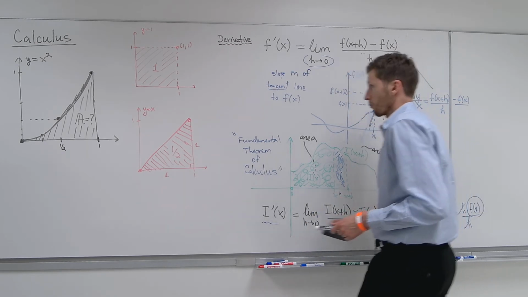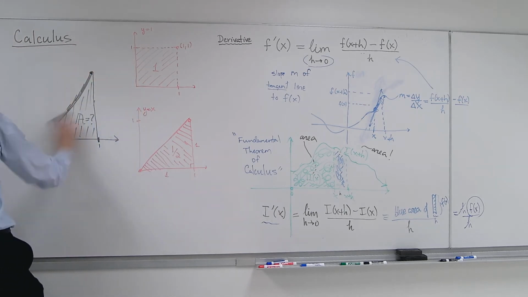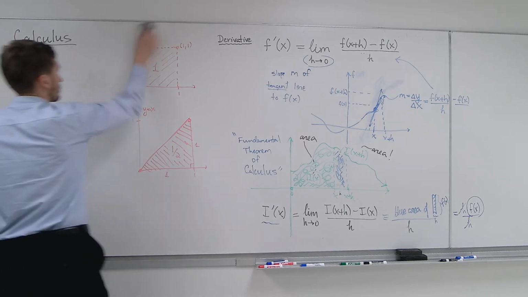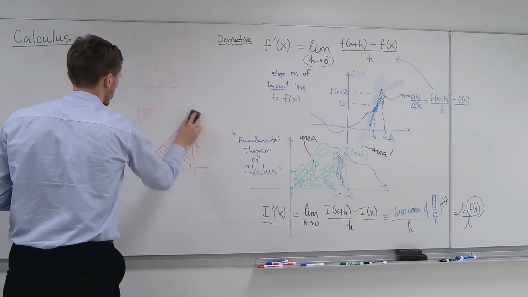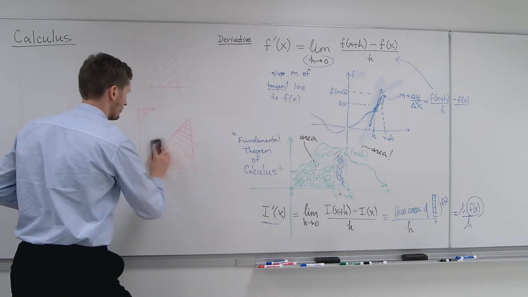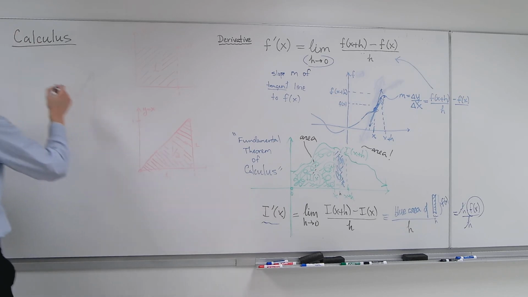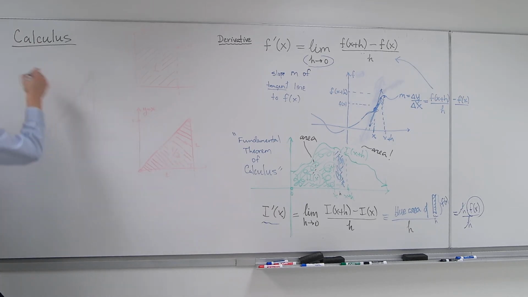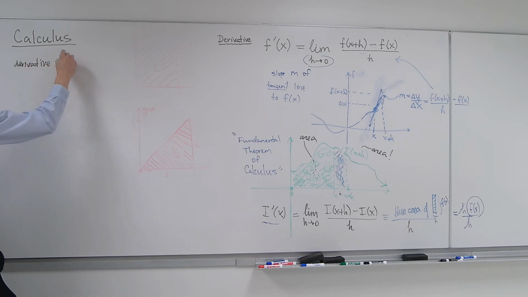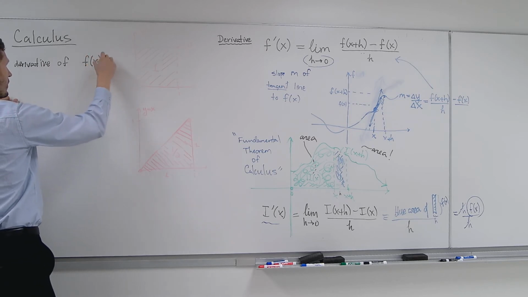Let's just erase it all. We're going to get back to this. This is a little better. Now, what we're going to do is try the derivative of a function f of x equal to x cubed.